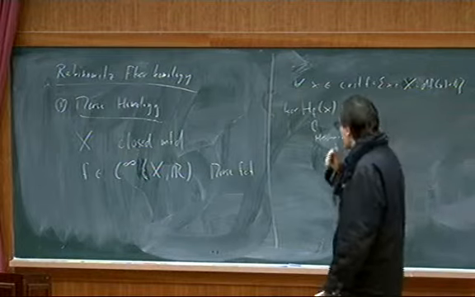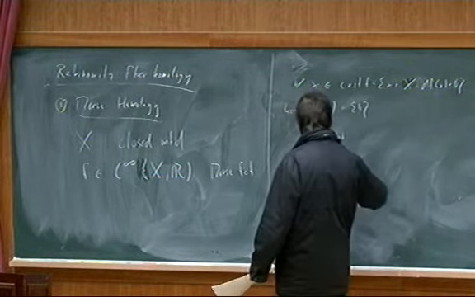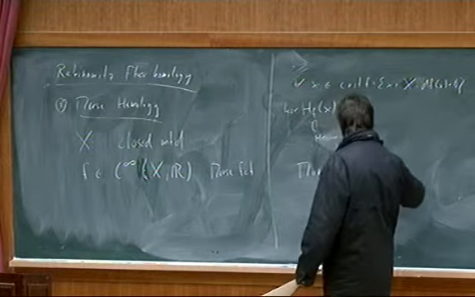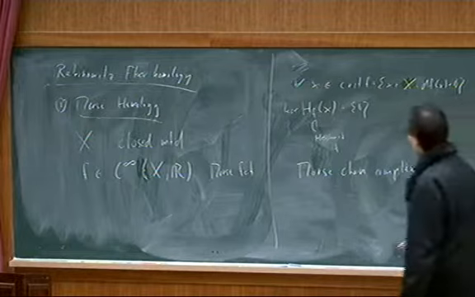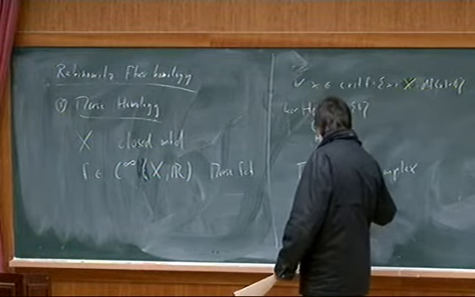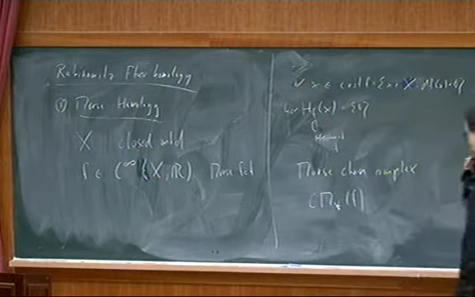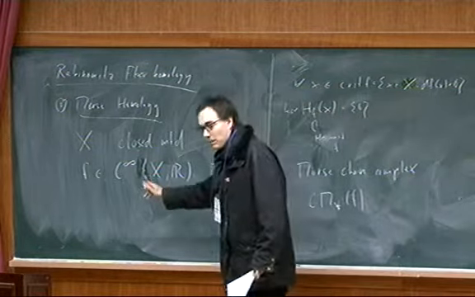And given such a Morse function, we can cook up a Morse chain complex. This Morse chain complex is the vector space generated by the critical points of f.